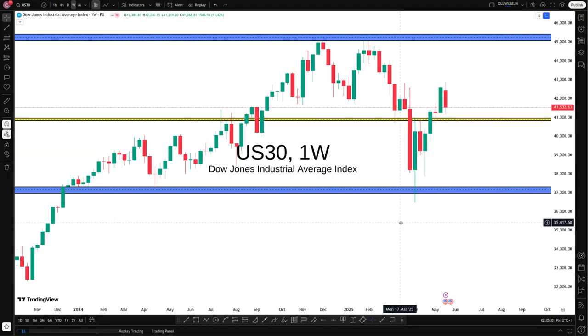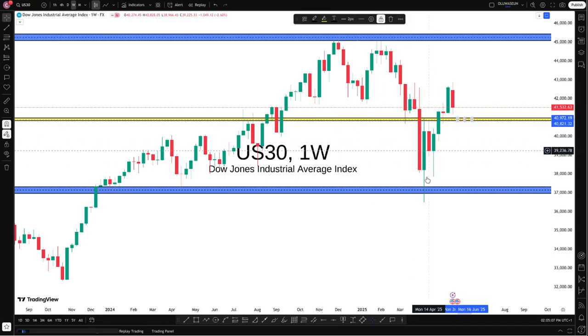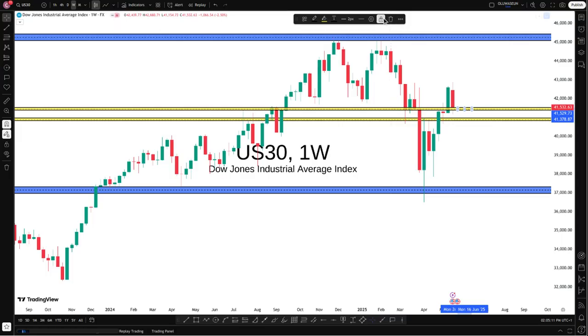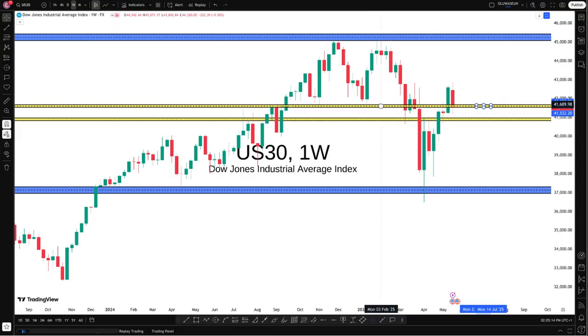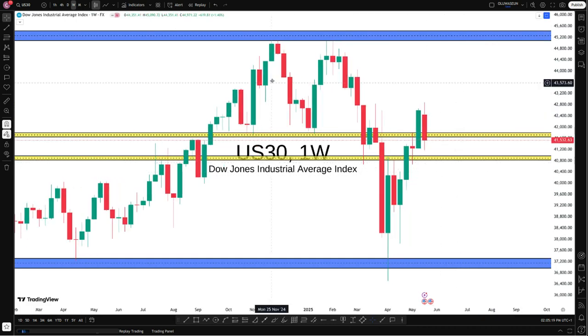Now we have two things on this chart. When price got here, what do we have? That's where I had to do two analyses here. The first analysis is when price was here, price created a bearish structure, a lower low, where we're expecting a lower high to continue this sell.